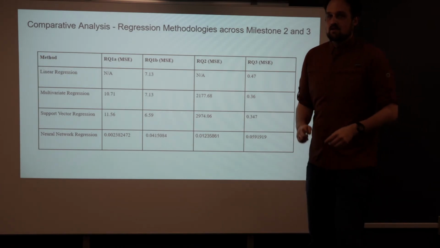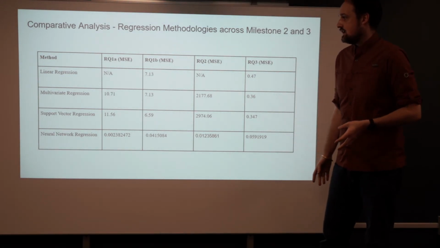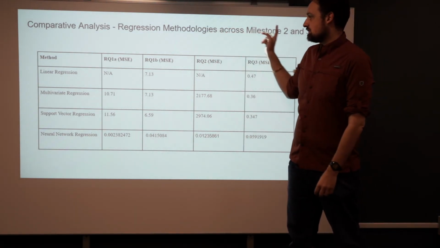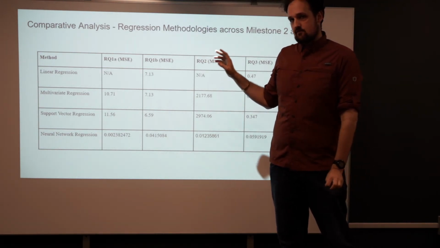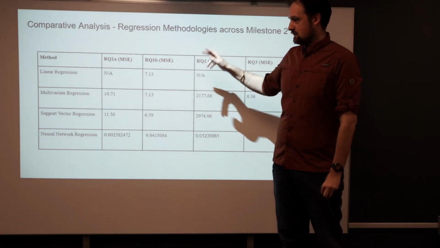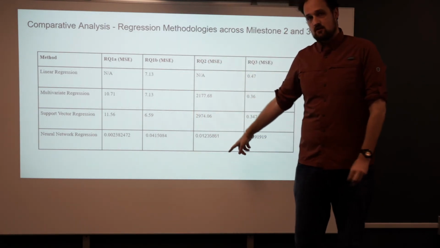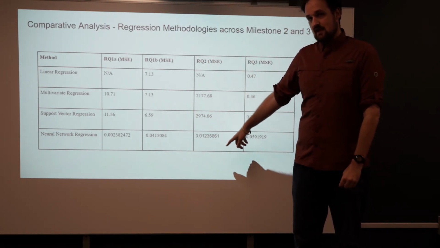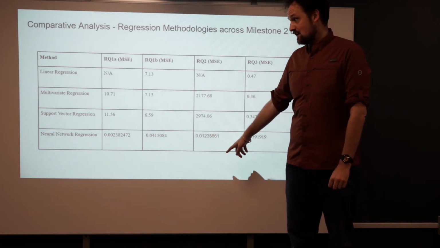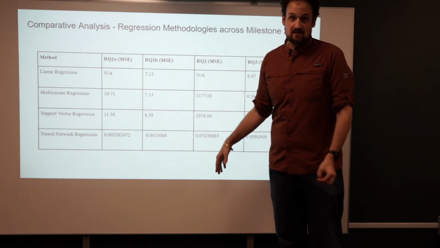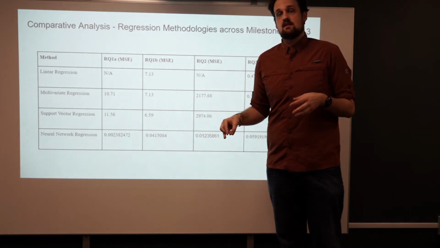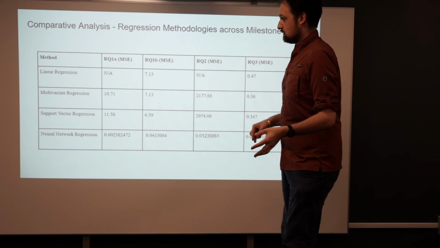To talk about the comparative analysis of our models using Caret. For the regression methodologies across milestones 2 and 3, we looked at linear regression, multivariate regression, support vector machine regression, and neural network regression. You'll notice neural network has a significantly different value than the others. This was due to some of the normalization that was applied in order to get the values down significantly to make them usable for neural networks.